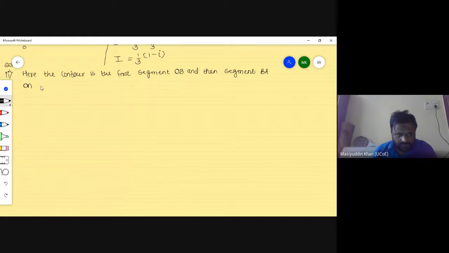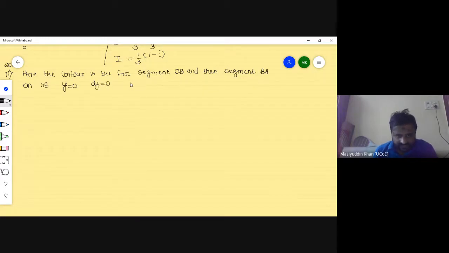Now OB. So on OB, y equal to 0. Why am I taking directly 0? Because you know this clearly, on OB y equal to 0, because it was the point 1 comma 0, you saw that. Therefore dy is equal to 0.